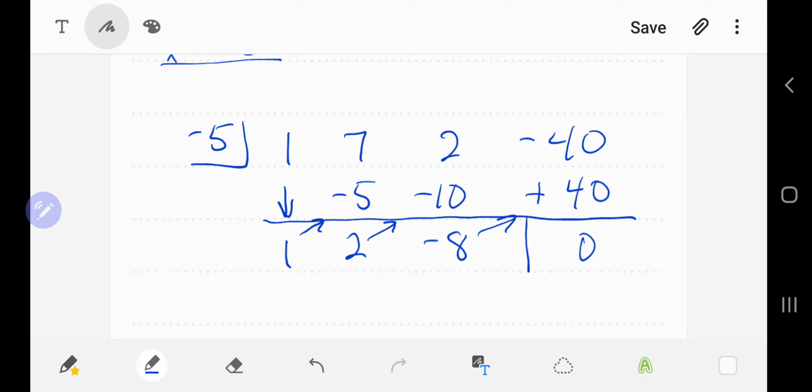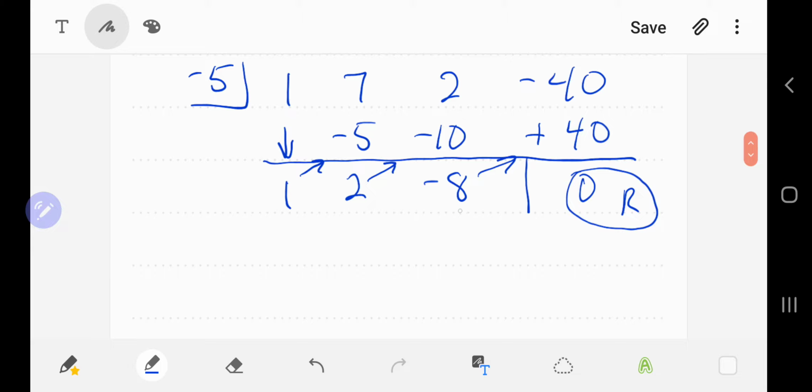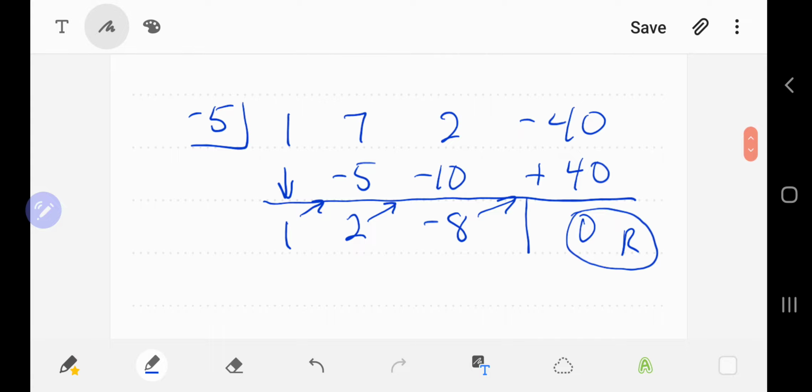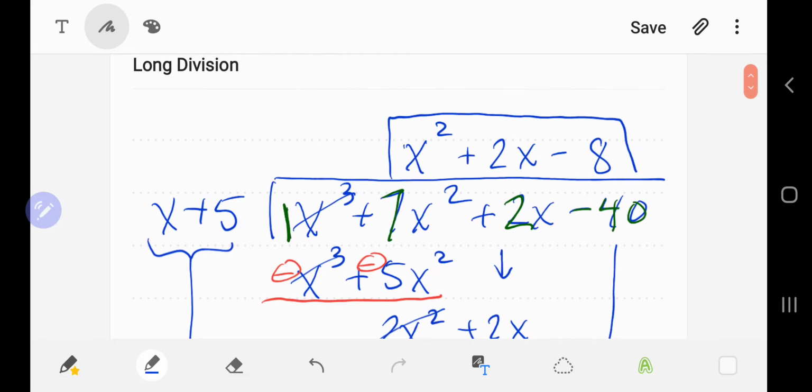Here with our synthetic division, again, the last number is the remainder. The 1, the 2, the negative 8, those are the coefficients of the quotient. And so if we look at the quotient that we got earlier, we got x squared plus 2x minus 8.